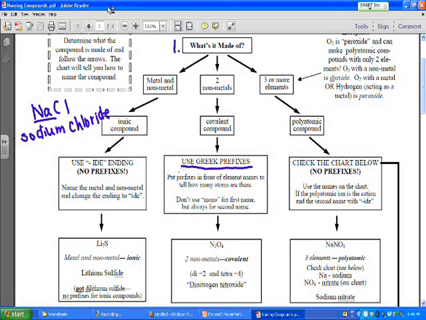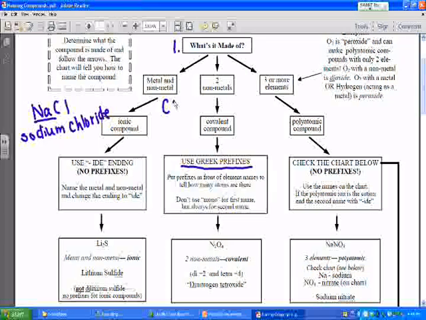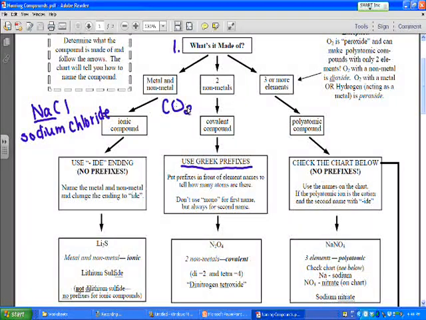So let's look at an example. Let's say CO2, because this shows you there is one rule that you have to remember with covalent. You never use the prefix mono for the first name. In just a second, you'll see the list of prefixes, and if you have your worksheet, you can already see them. Mono is for 1, di is for 2, tri is for 3, tetra for 4, penta for 5, and so forth.